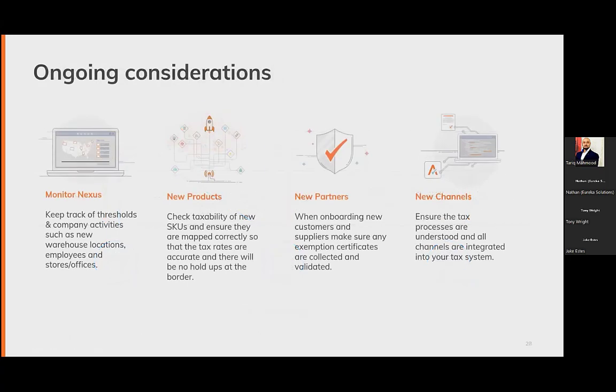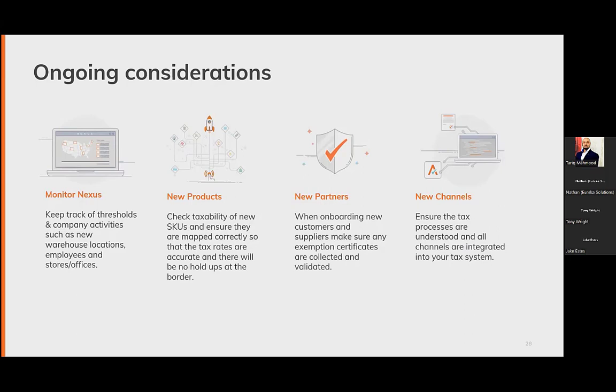And as you continue to grow and sell into the US, this slide provides some ongoing considerations to be mindful of. Monitoring Nexus, so not keeping track of thresholds, as we can help you automate this, but more from an operational perspective. So if you open a new office, warehouse, store, or hire new staff in different states, this would trigger physical Nexus.